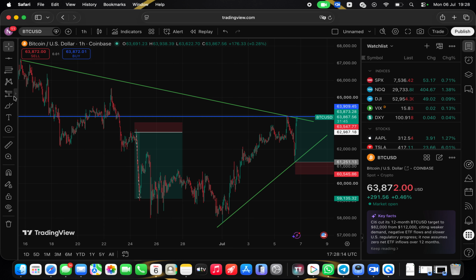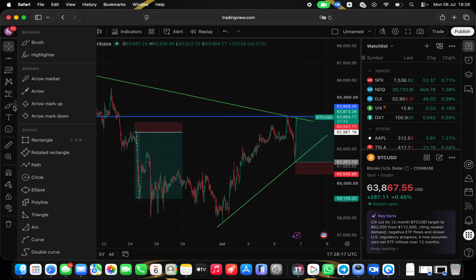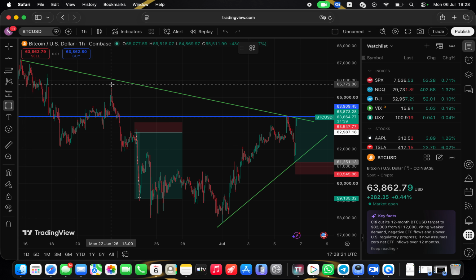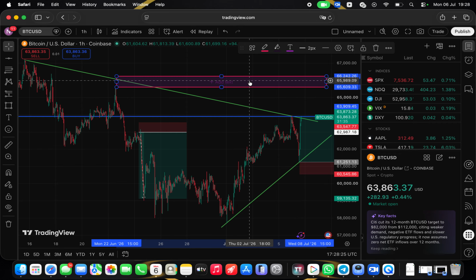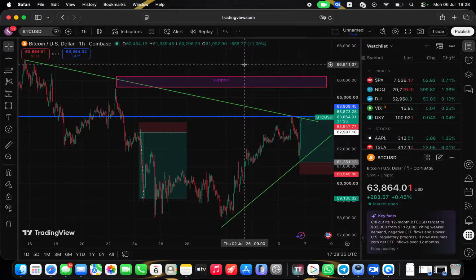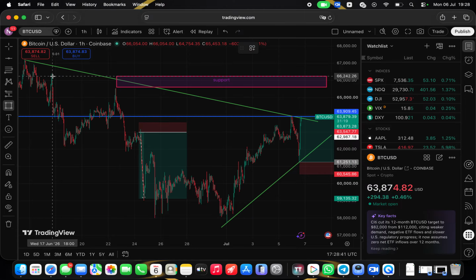Okay, as we go down, you can see that you've got your brushes. I like the rectangle under brushes, so I can mark my support zones and my resistance zones, and then you can even add a text and say support. Let's just say this was my support zone at that time. Okay, there we go. Now you know that this was your support zone. Or maybe you just want to draw them like I always see other guys doing.